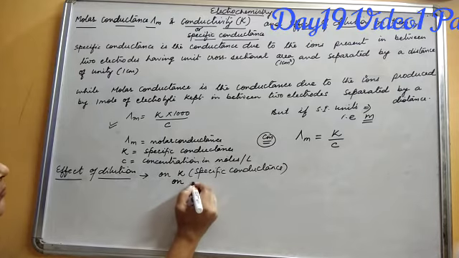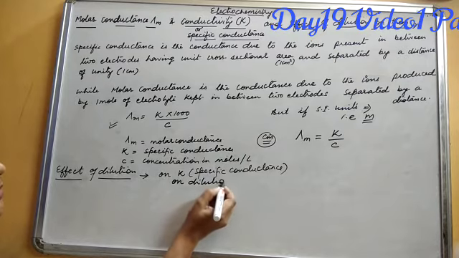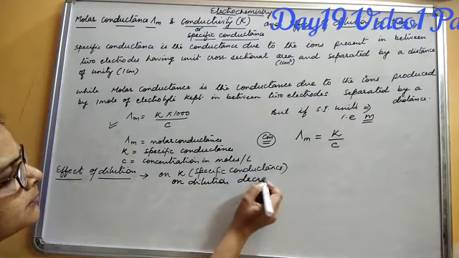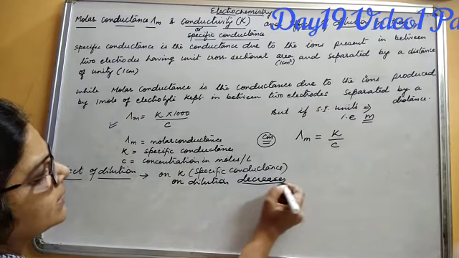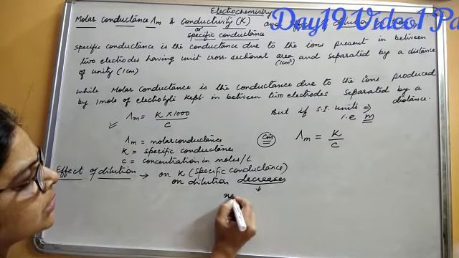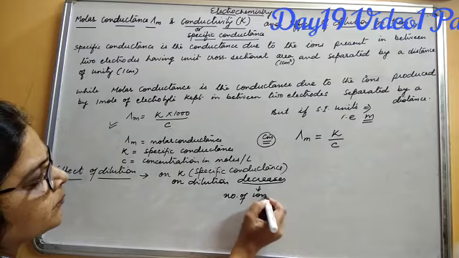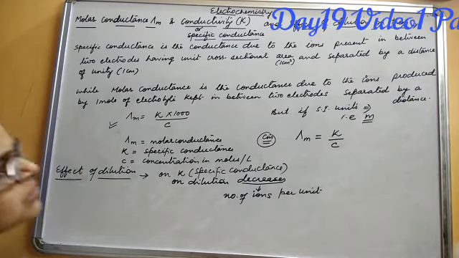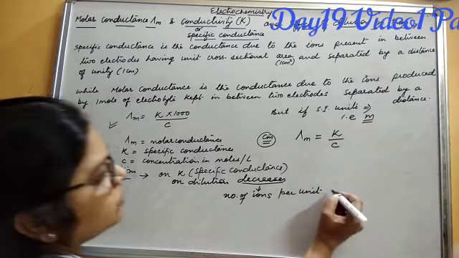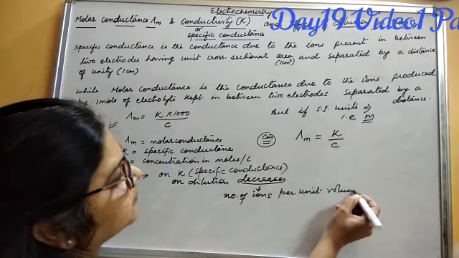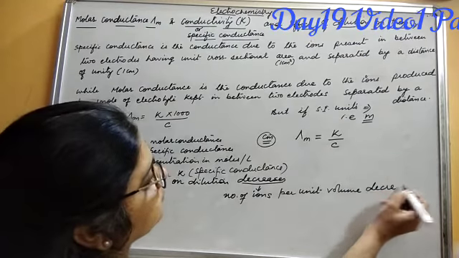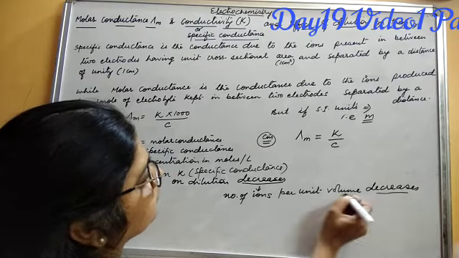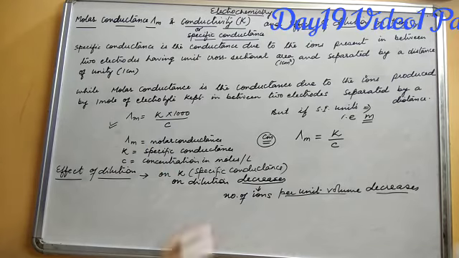So on dilution, specific conductance decreases. Why does it decrease? The reason is that the number of ions per unit volume, which we have specified in its definition, decreases. Because of this, specific conductance decreases.